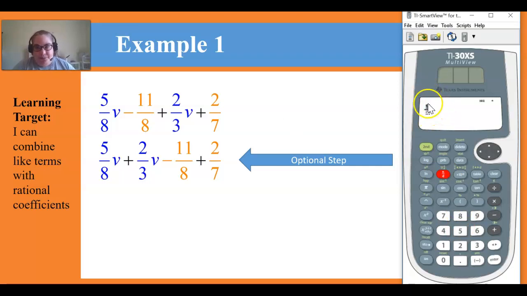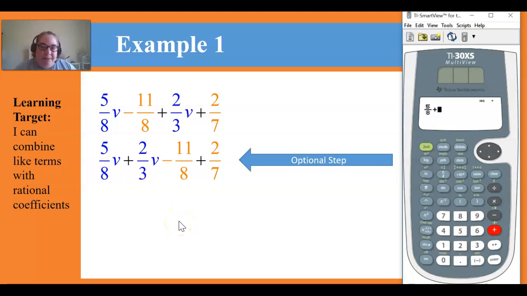This particular calculator is in something called math type, and you will see the fraction right in there. So my denominator is 8. Now, something a little tricky is you need to make sure that you arrow out of the fraction before you add an operation. So my next thing that I'm going to do is add 2/3.